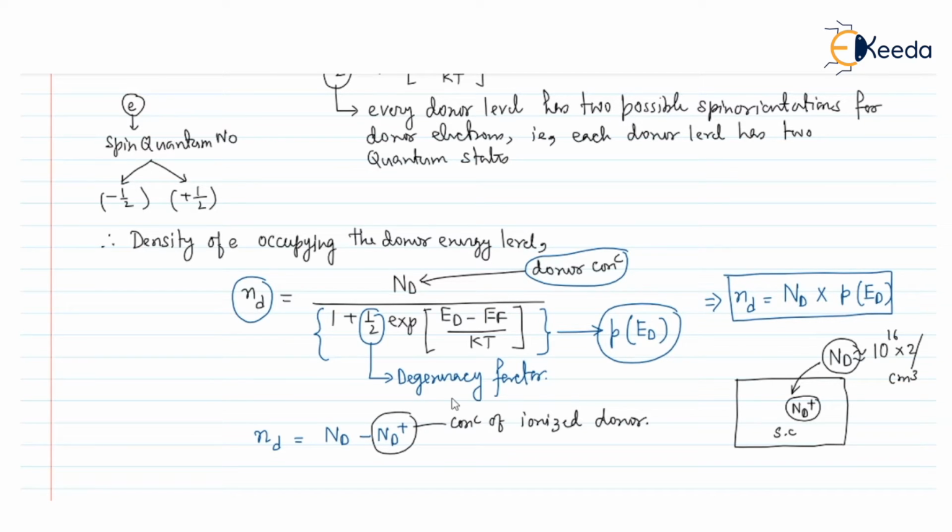So the atoms which are not ionized will reside on the donor energy level, and those which are ionized will give an electron at the donor energy level. That's why we have written Nd minus Nd plus, where Nd plus is the concentration of ionized donor atoms.